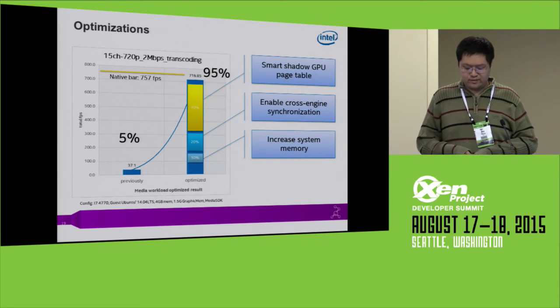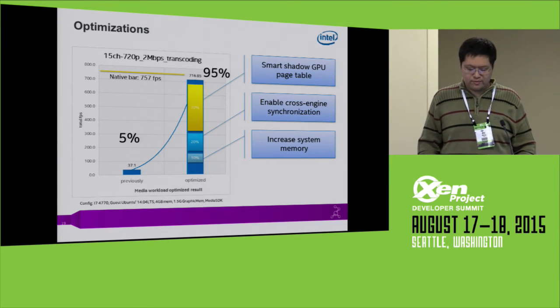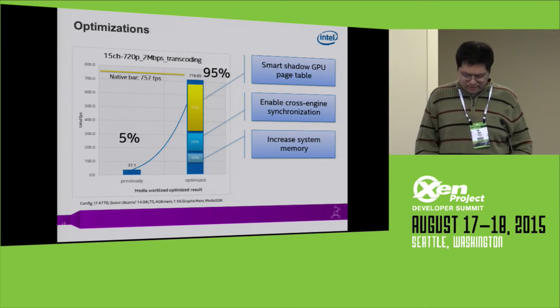After enabling cross-engine synchronization, we got about 20% performance gain. Interestingly, when we use multiple video channels and maybe bigger resolution, the increased memory system provides some performance gain, about 10% in this case.